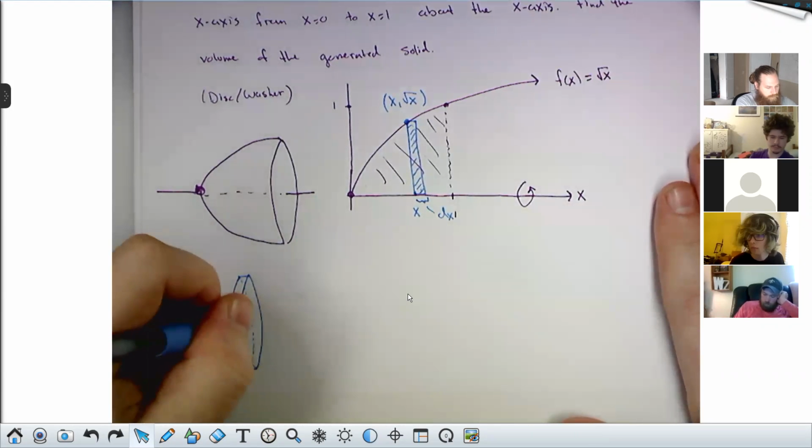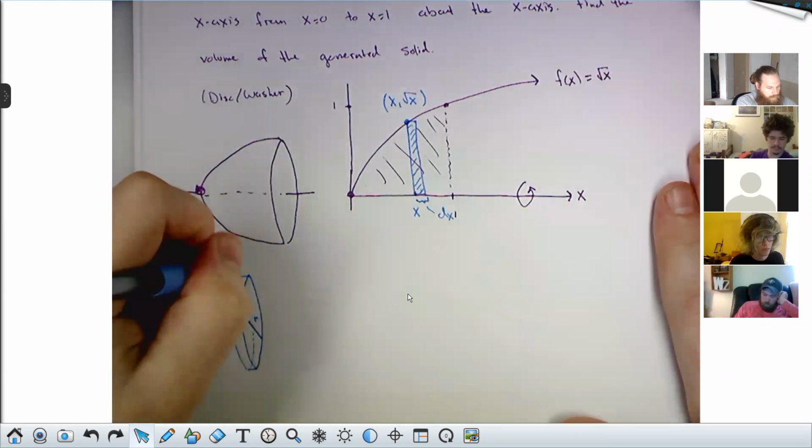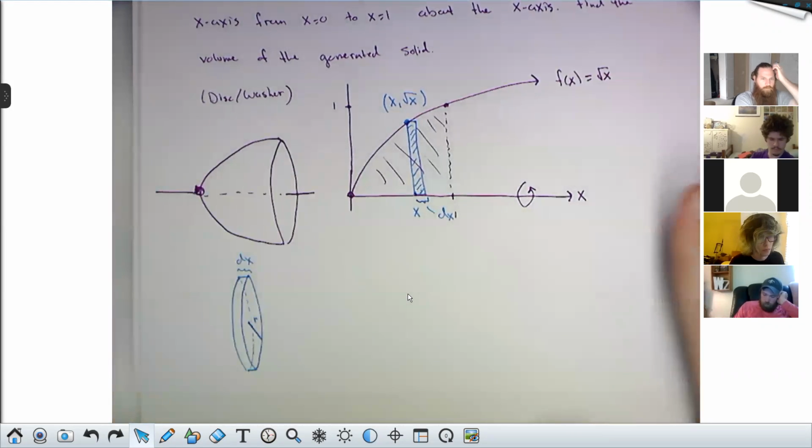That disk has a radius, and it has a little thickness here, and that thickness is the thickness of the strip.